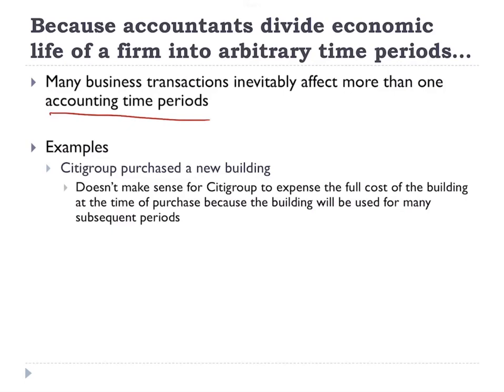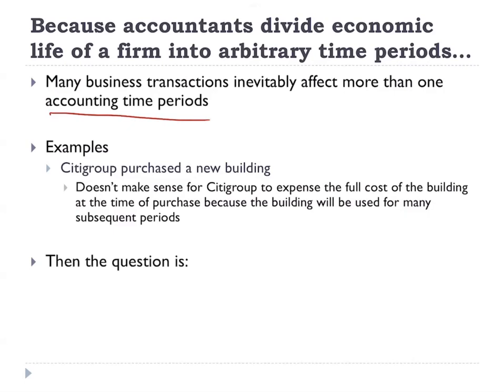The answer is it doesn't make sense. The reason is this building that Citigroup purchased is going to benefit the firm for a lot of years, for more than 1 year. So it doesn't make sense for Citigroup to expense the full cost of the building just in the year that it is purchased. This is an example of a business transaction, the purchase of a building, affecting more than one accounting time period, in the sense that it affects more than 1 year.